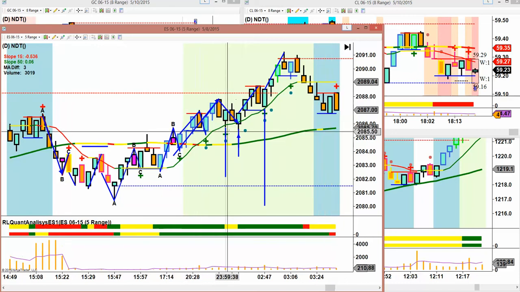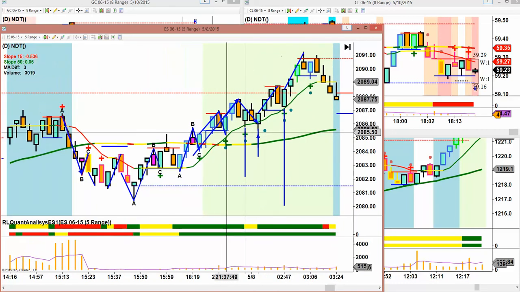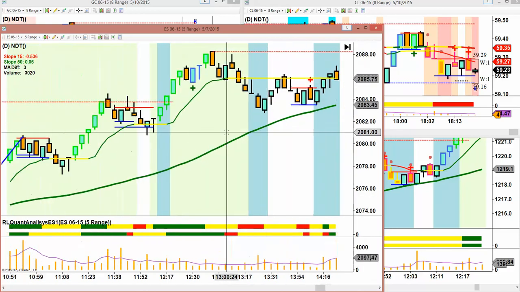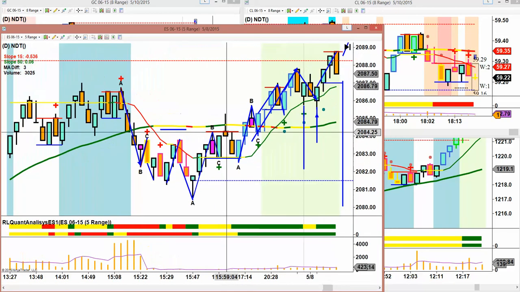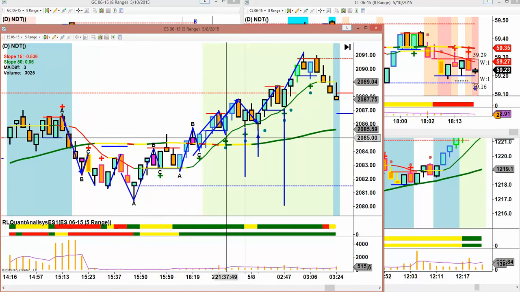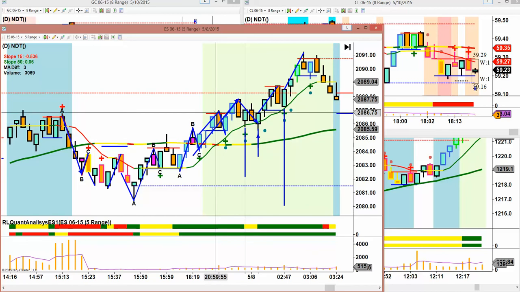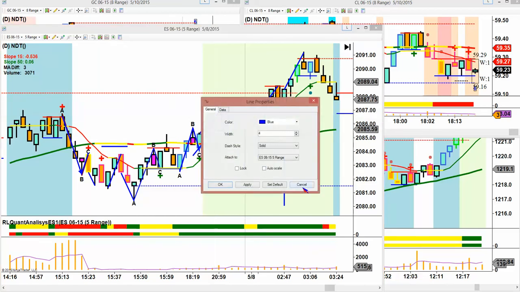Okay, what we do is we have an indicator called a consolidation indicator. Let me find a really good example of that. When a market goes into consolidation and starts moving laterally, it's a very, very strong price action pattern. And we have this indicator, and I'll show it to you.